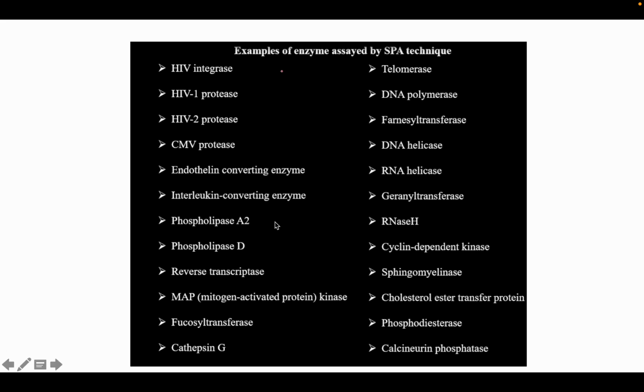We have HIV integrase and telomerase. The telomerase enzyme has affinity for telomeres of DNA, so we could have DNA bound to different types of beads and then do SPA. Similarly, we have DNA helicase, RNA helicase, and RNase H. So these enzymes could be coupled with different chromatographic techniques in order to do different assays.